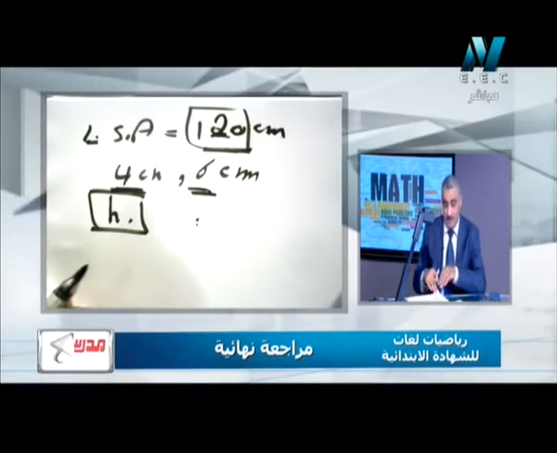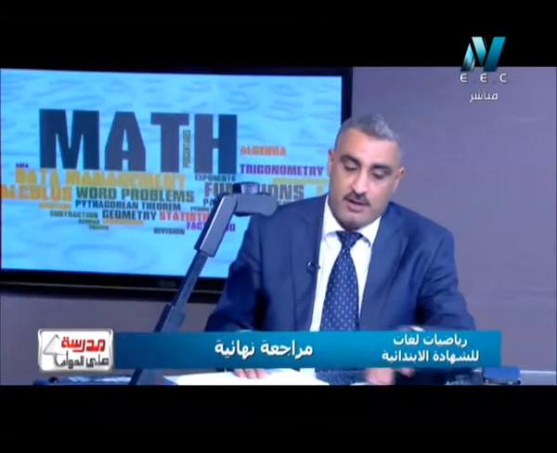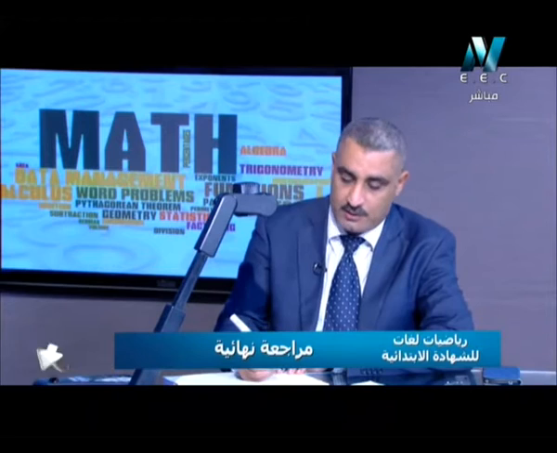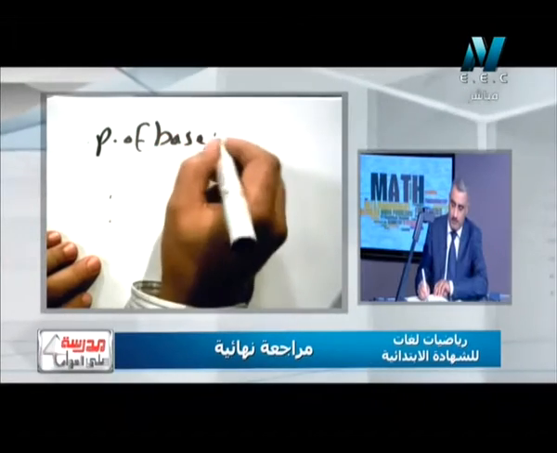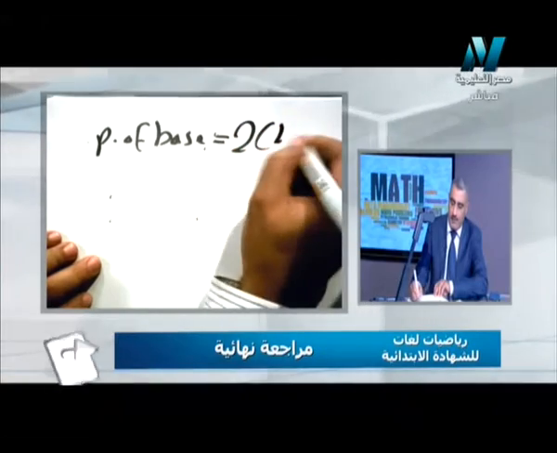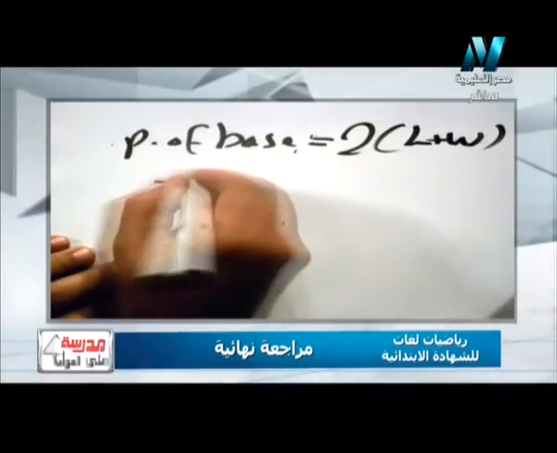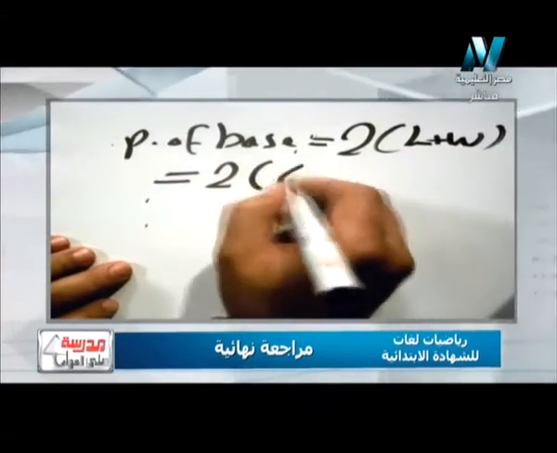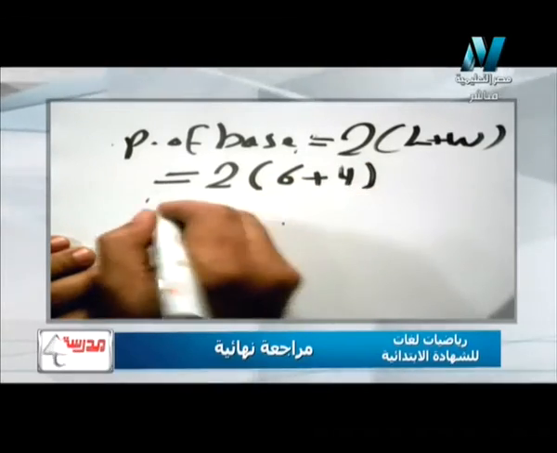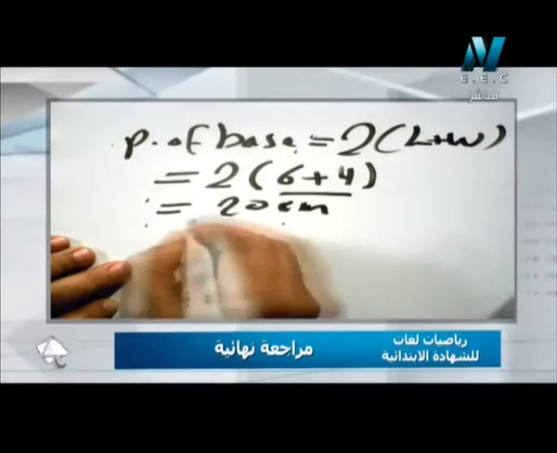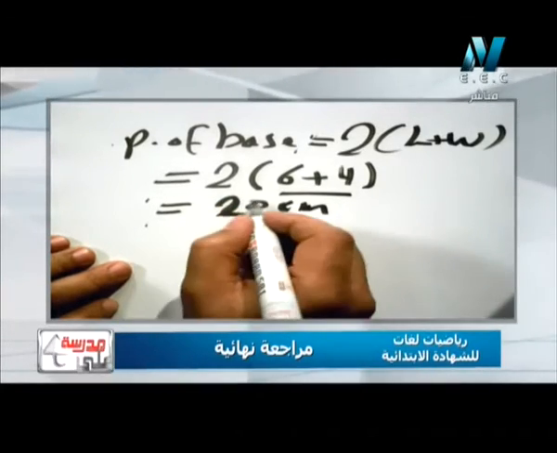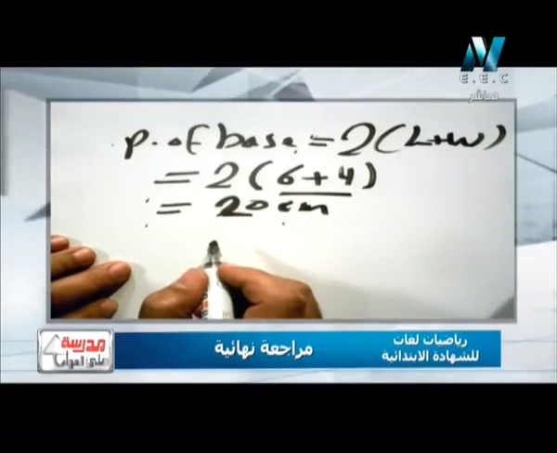Let's write the steps together, my dear students. First of all, we have to find the perimeter of base. 2 times length plus width, as we said before. 2 times 6 plus 4. 6 plus 4 is 10, times 2 is 20 centimeters. Now we have the perimeter of the base.